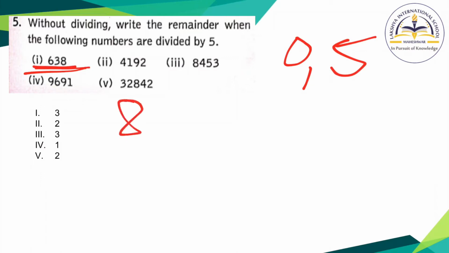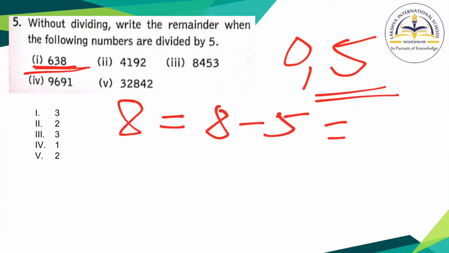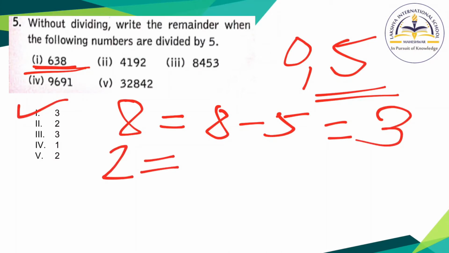Now 8 is greater than 5, so you just have to subtract 8 minus 5. What will the number be? 3. So 3 is our answer. Now 4192. 2 is less than 5, so 2 will be the answer. Here 3 will be the answer, 1 will be the answer, 2 will be the answer.